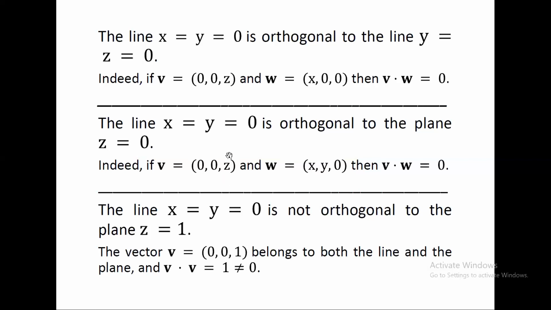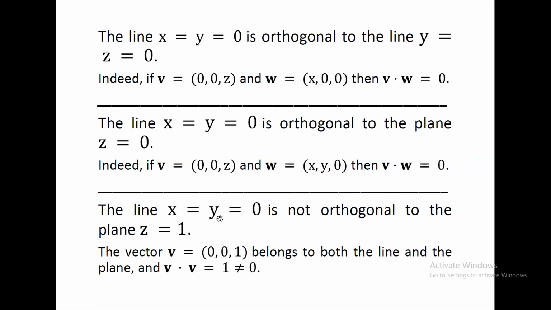A single value is present, therefore it's a line. If these two are present and this is not present, it's a plane. If all three are present, then it will be a vector in three-dimensional space. Then v dot w will be 0 into x is 0, 0 into y is 0, z into 0 is 0, add all of them, and we get a value which is 0.